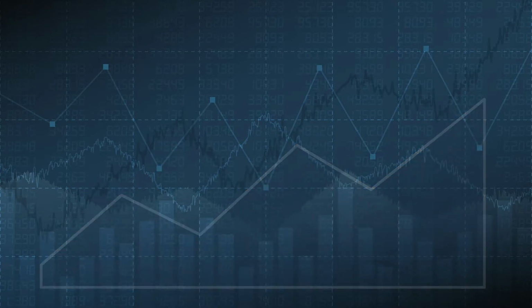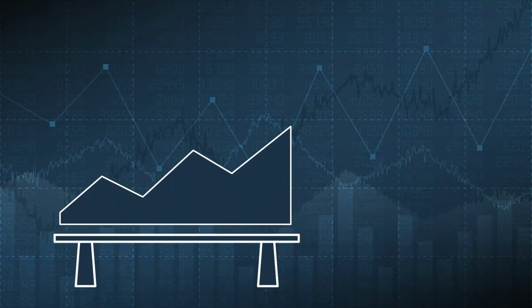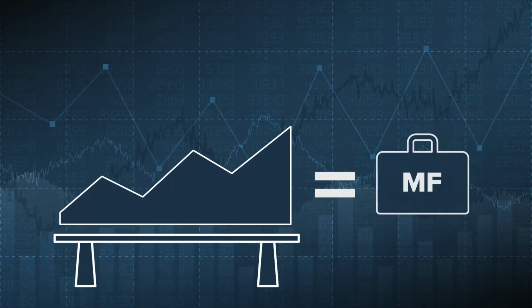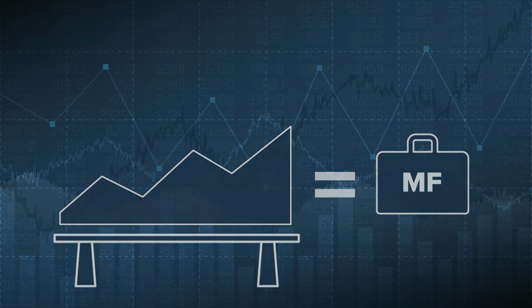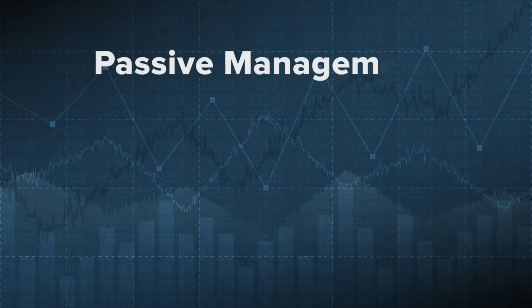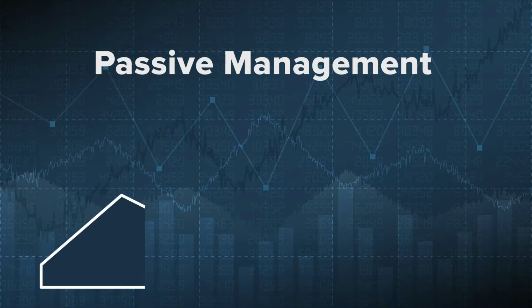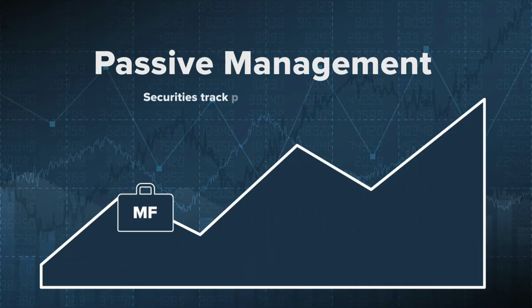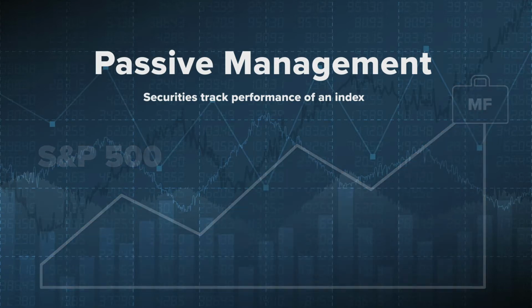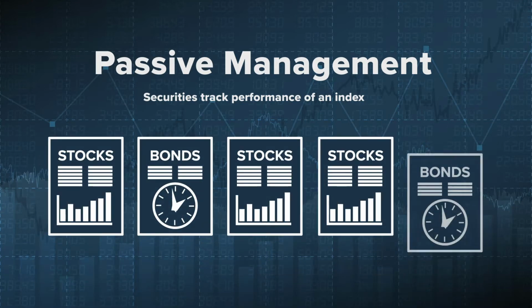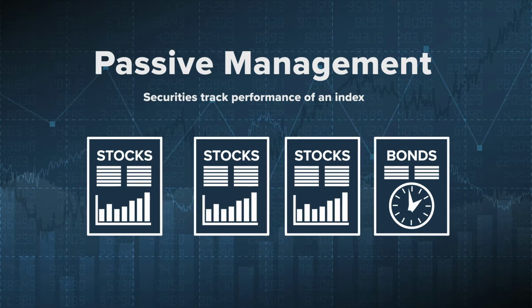A benchmark is a standard against which the performance of a security, mutual fund, or investment manager can be measured. Passive management. Passive management involves buying a portfolio of securities designed to track the performance of a benchmark's index. The mutual fund's holdings are only adjusted if there is an adjustment in the components of the index.